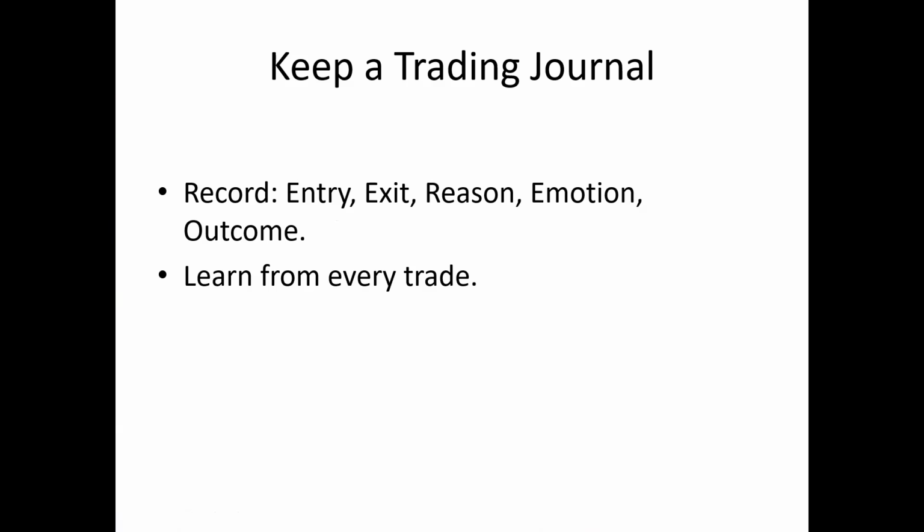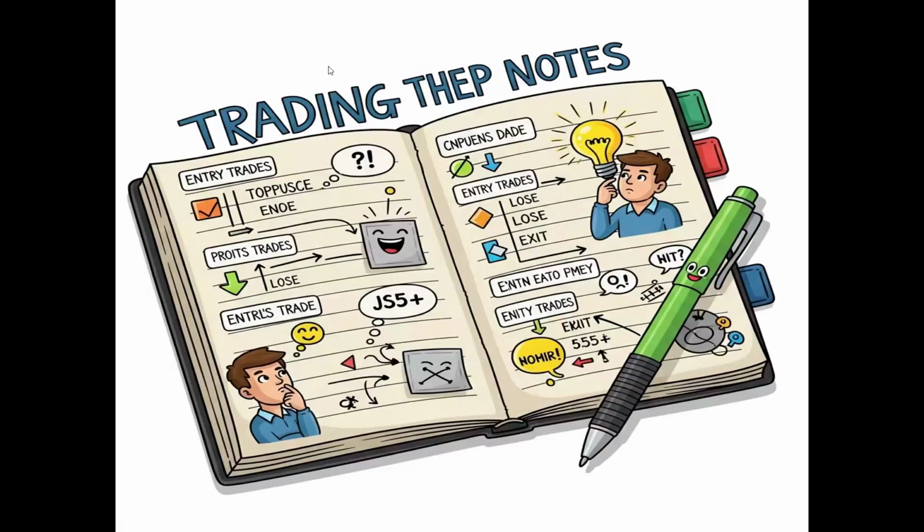When you journal it, you will remember it. It becomes your muscle memory. Why did I do that? What was the mistake? You will come to know that. So start keeping a notebook and write down every trade.